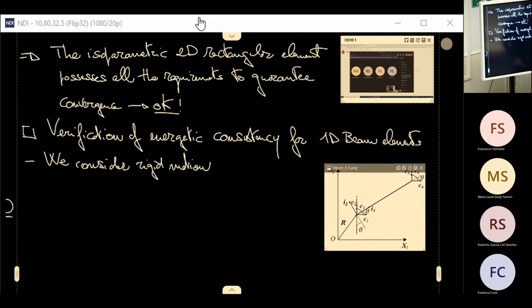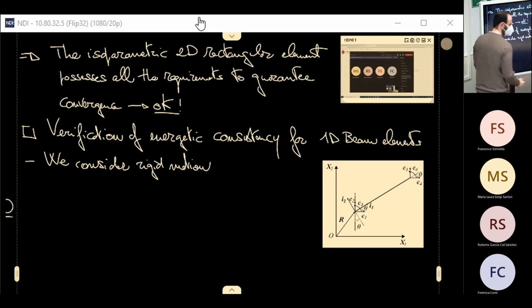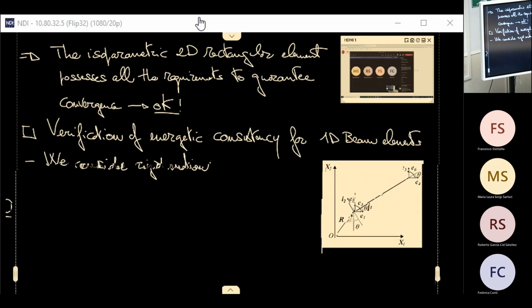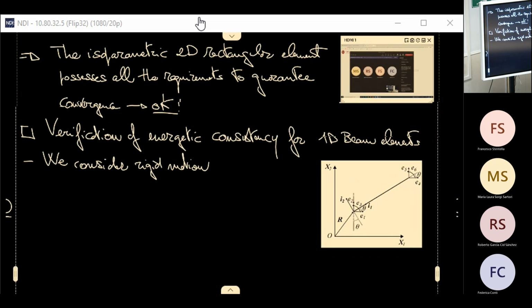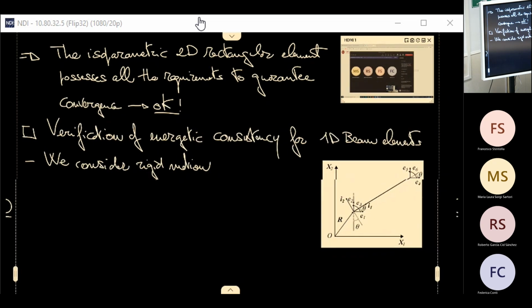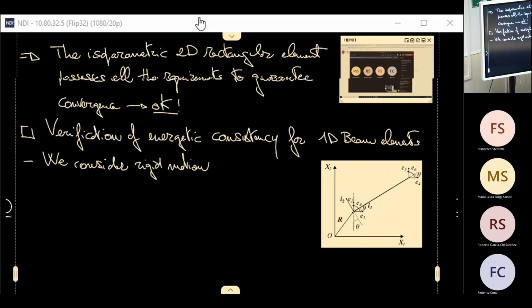So you see again here we have the beam element, and we have all the element coordinates, the nodal coordinates, aligned along the axes of the inertial frame. We suppose that the element undergoes a rigid displacement r and a rotation theta.